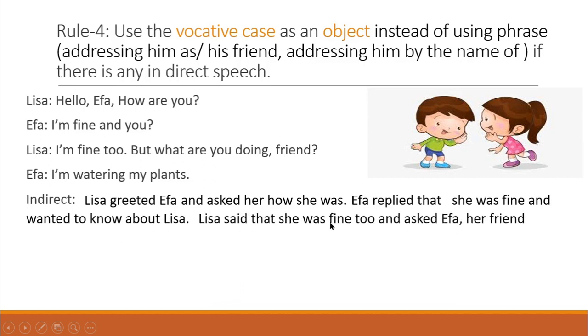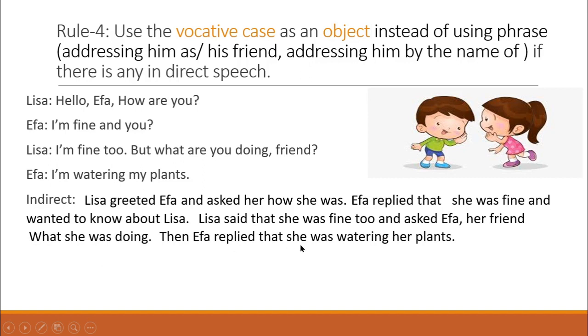Lisa said that she was fine too and asked Ifa, her friend, what she was doing. Then Ifa replied that she was watering her plants. You know that present indefinite tense always backshifts to past indefinite tense.